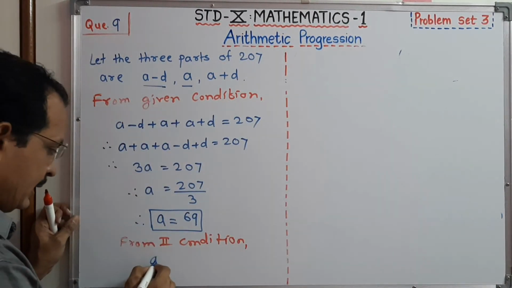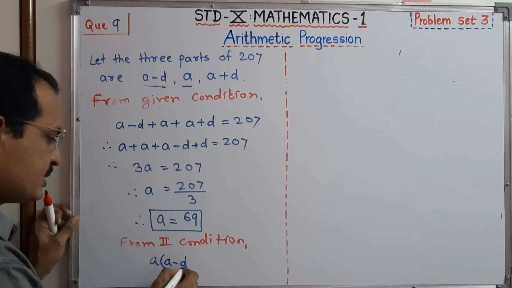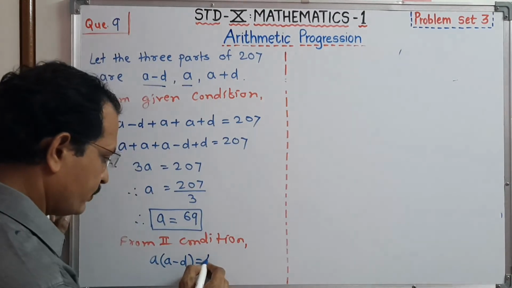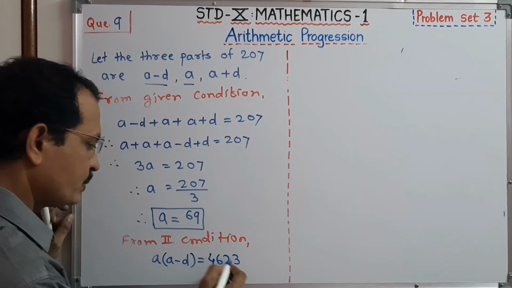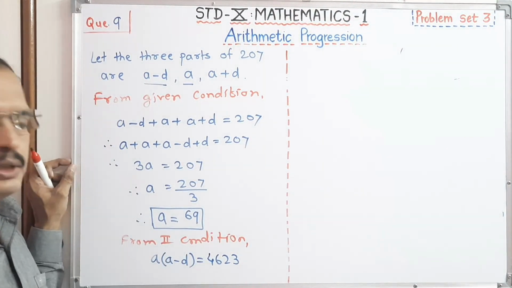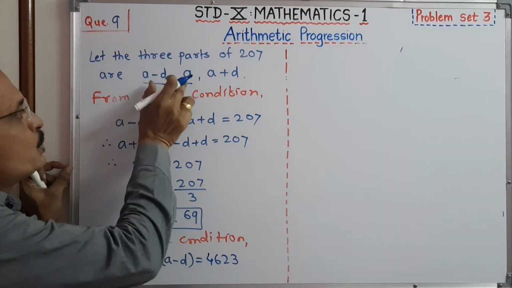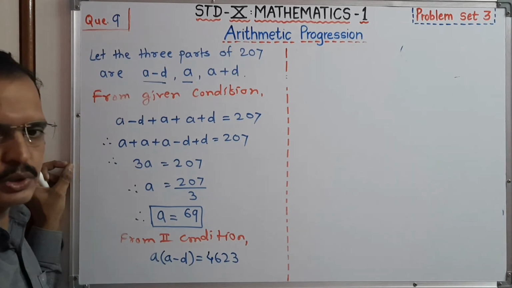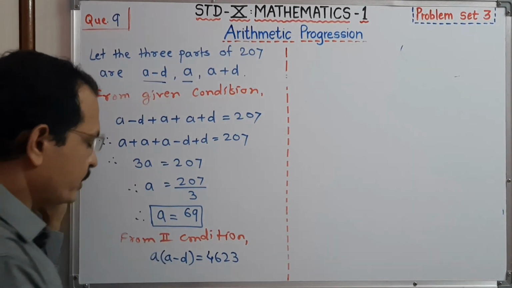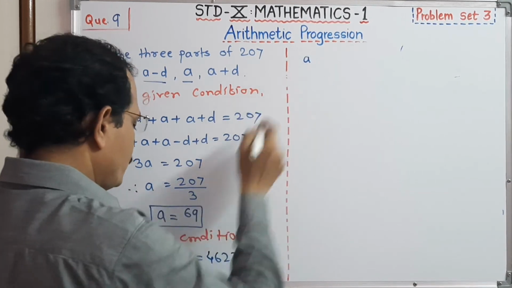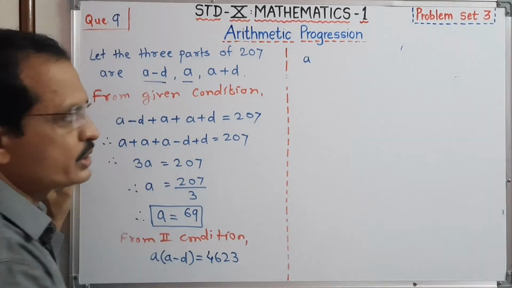Therefore, A into A - D is equal to 4623. Dear student, see here. Product of two smaller parts is 4623.